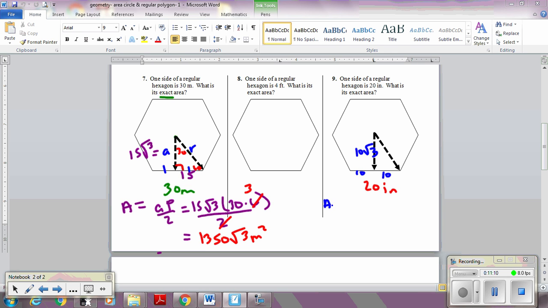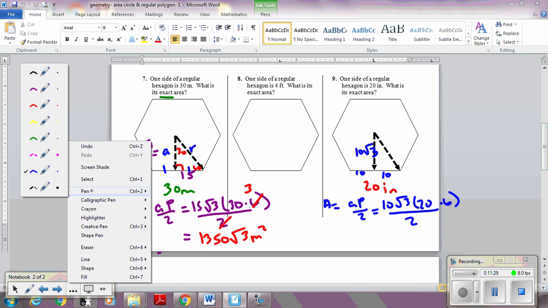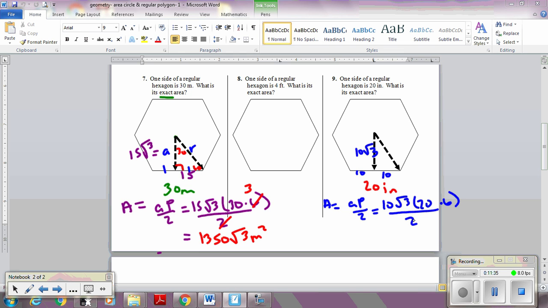So the area, again, is apothem times perimeter divided by 2. So that's 10 root 3 times 20 times 6 again, because it's a six-sided figure. All of that divided by 2. So again, to cut out some of my calculator work and less things to type into the calculator, I'm going to take this 10 and divide it by 2, which would leave me with 5.